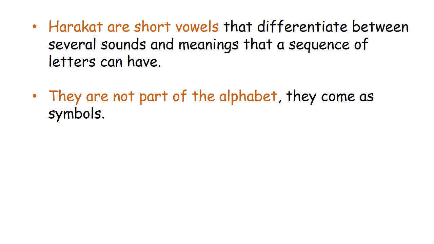So, as a deduction from what we have already explained, we can say that harakat are short vowels that differentiate between several sounds and meanings that a sequence of letters can have. They are not part of the alphabet, they come as symbols. Let's take an example here. This word right here can have different meanings according to the usage of short vowels.